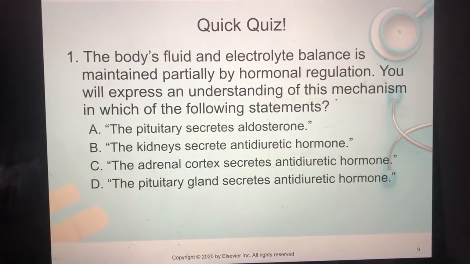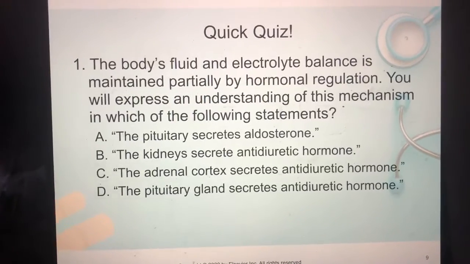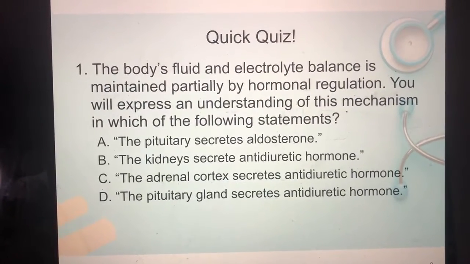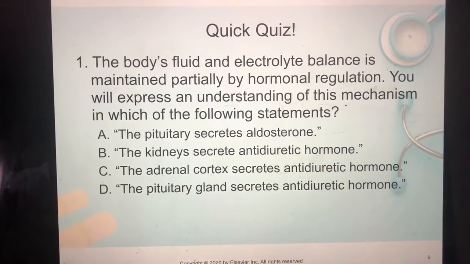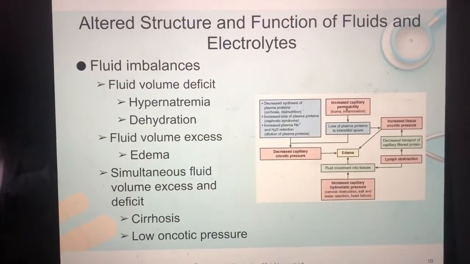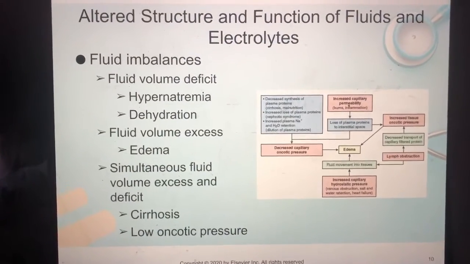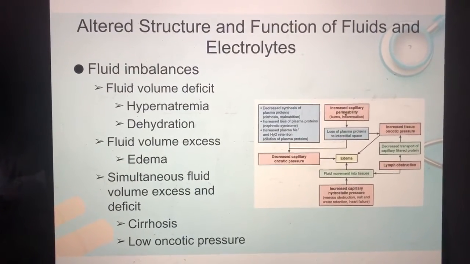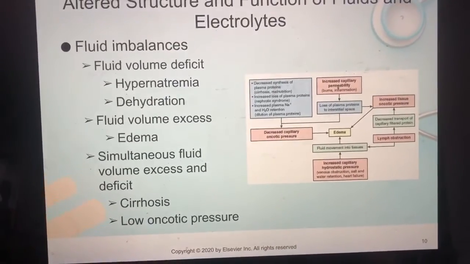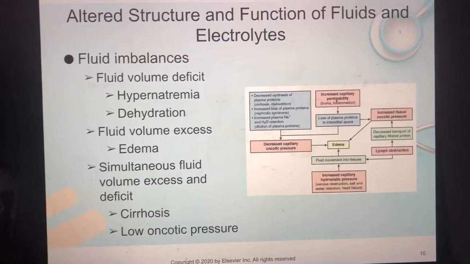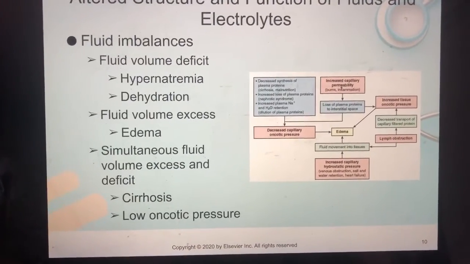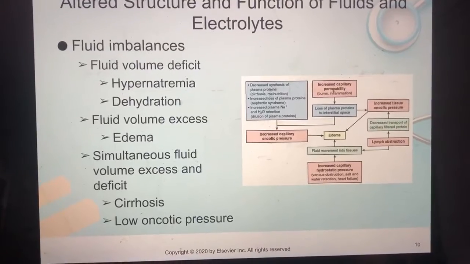So the body's fluid and electrolyte balance is maintained partially by hormonal regulation. You'll express an understanding of this mechanism in which of the following statements. Fluid imbalances: a fluid volume deficit could be related to hypernatremia or dehydration. So if you're dehydrated, obviously you don't have enough fluid in your vascular system, and you might experience some hypernatremia.